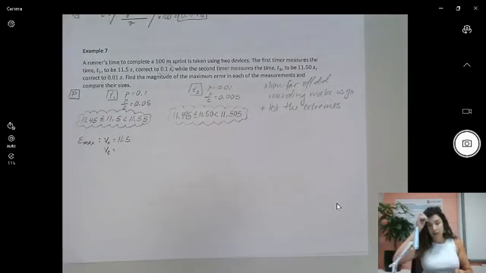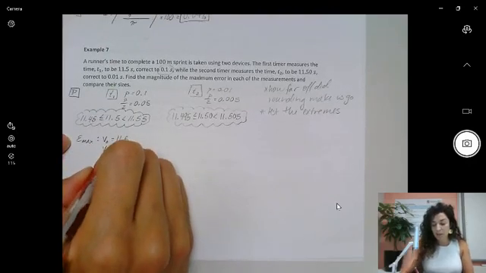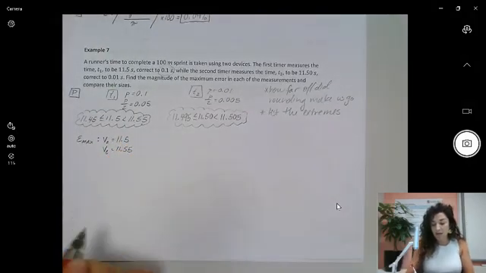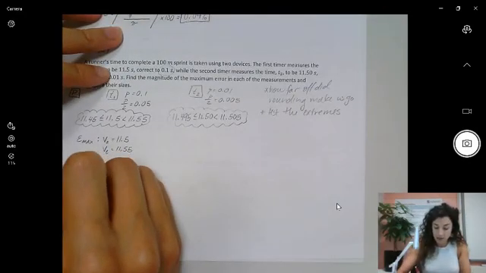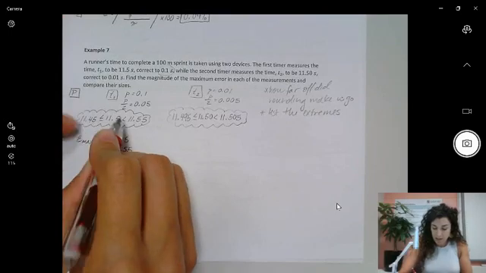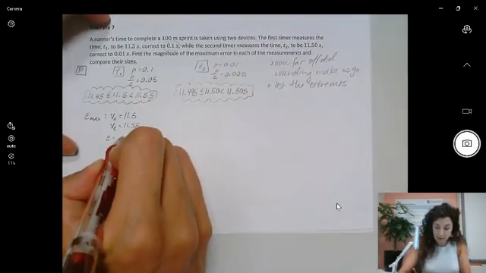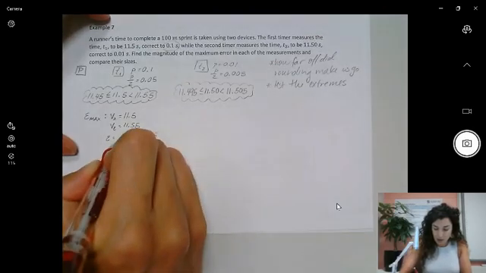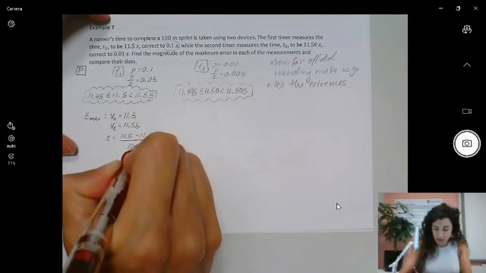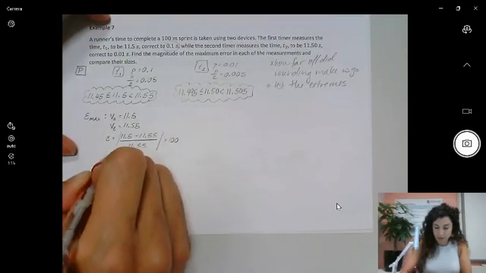Which means that our exact value, the extreme of our exact value, is going to be 11.55 if we're talking about the maximum. So we're going to plug that into our percent error formula and then calculate it out. Our error is approximate minus exact, all over exact. We're going to take that absolute value and multiply by 100.